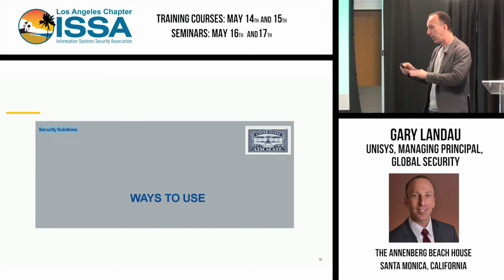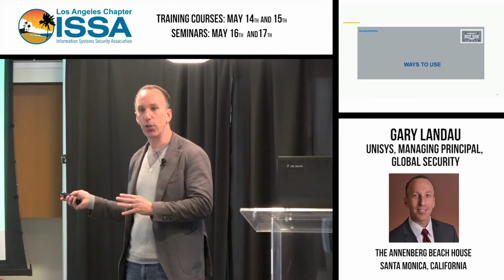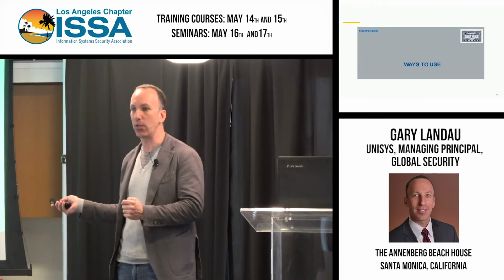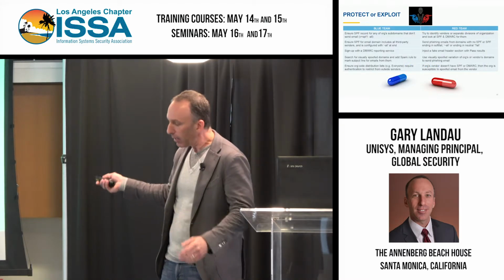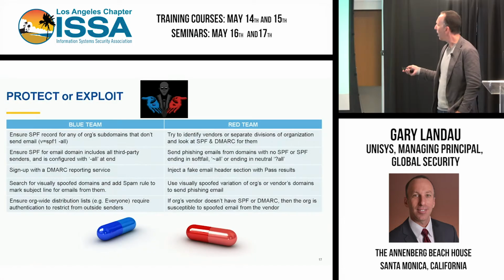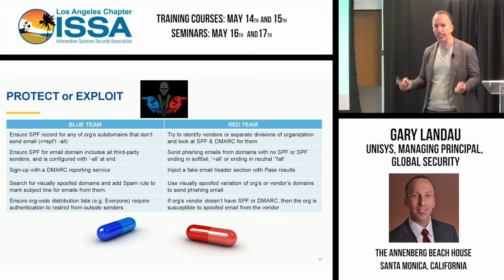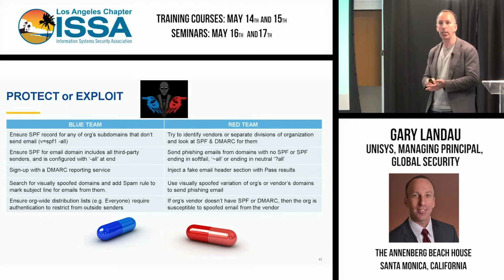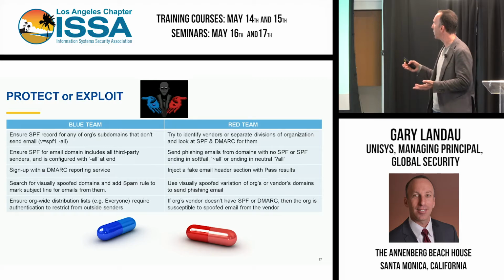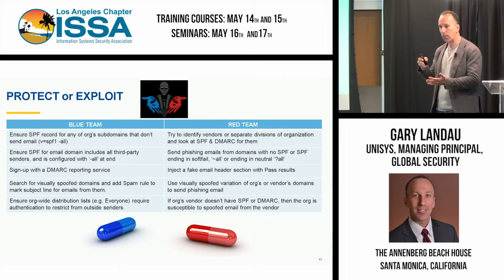And now, I've covered a number of these things, and I want to show you then how you can use these. All right, again, tough to read, but if you're on the blue team side looking to protect your environment, what you want to do is ensure that your own SPF record ends in a -all, so that you're legitimately listing the authorized senders.